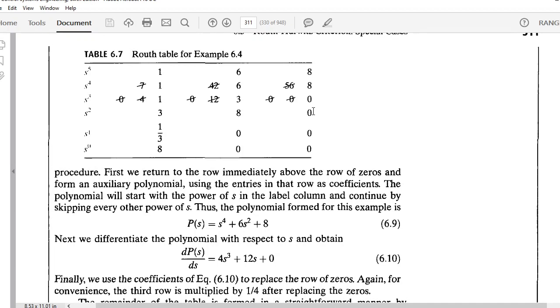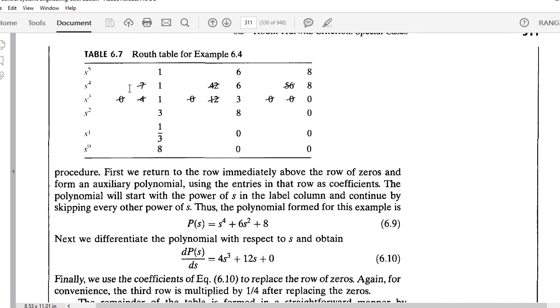So now you complete your work, and the question can be asked in two ways. One, the comment about the stability of the system, and two, comment about the location of the poles. So if it's a stability comment, then you directly look at the number of sign changes, and then you can make a call on the stability of the system.